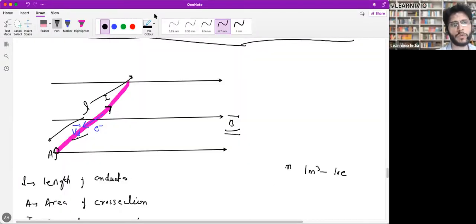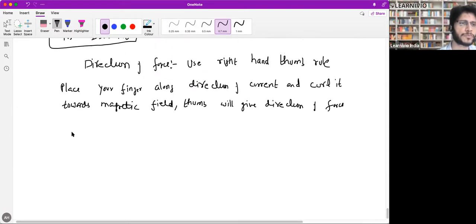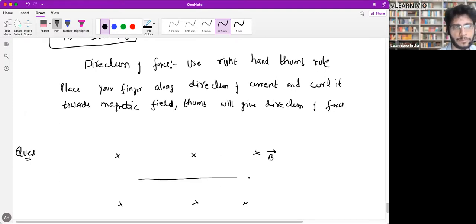We'll solve one formula based numerical on this concept and then we will see some modifications. First question, it's a very easy question. This cross is the direction of magnetic field. This is a conductor. The length of the conductor is 10 meter. Current passing through this conductor is 5 ampere. Magnetic field is 2 Tesla inwards.